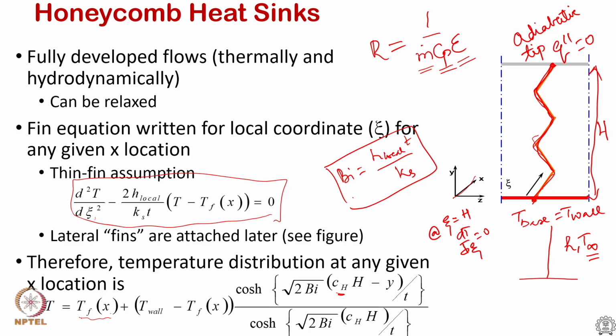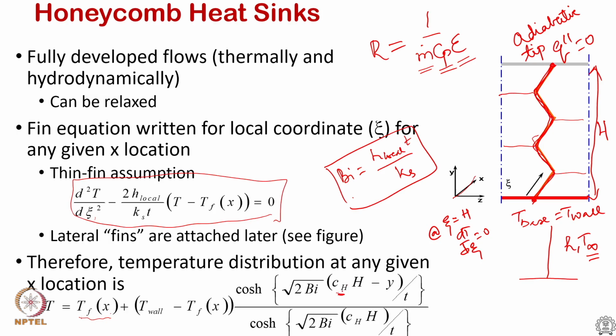This is just a corrugated wall, but if I want to attach fins to it and make it into a duct, we now add attachments. So, these lateral fins have to be added to these solutions. For now, we took only the corrugated wall and we took the height as Ch times h.